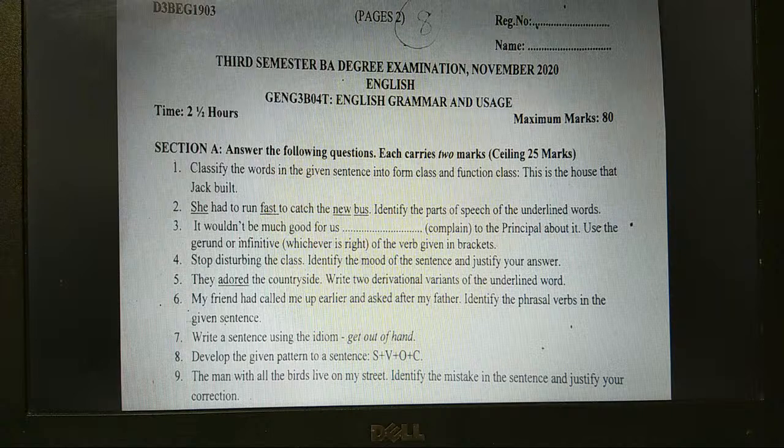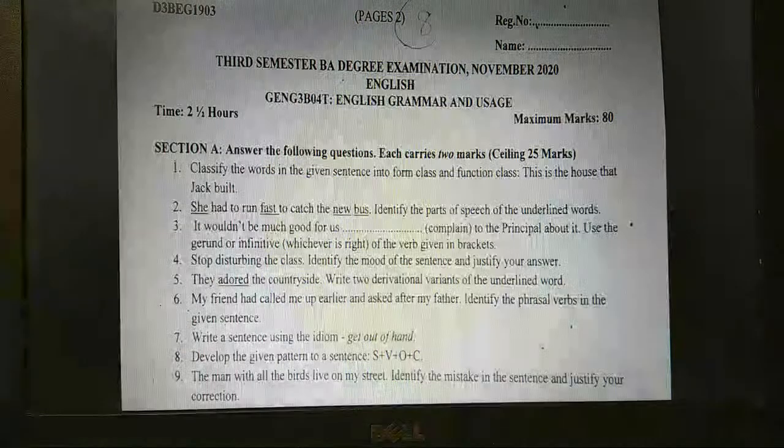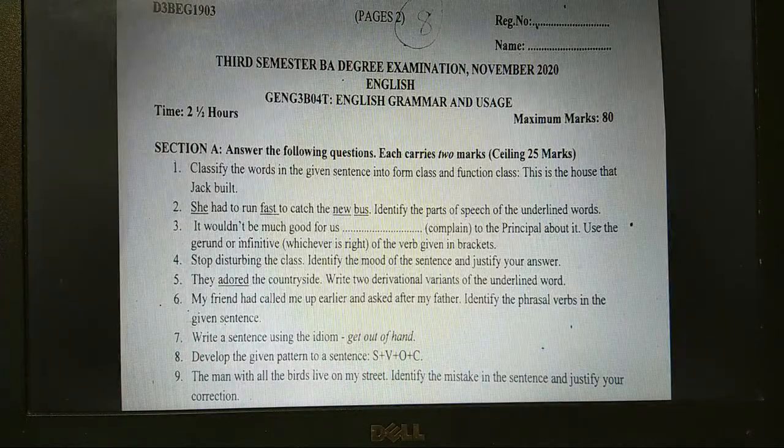Under form class there are 3 words: house, noun; Jack, within bracket, noun; built, within bracket, verb. And function class has 3 words: this, within bracket, demonstrative; is, within bracket, auxiliary verb form of be; the, within bracket, article.